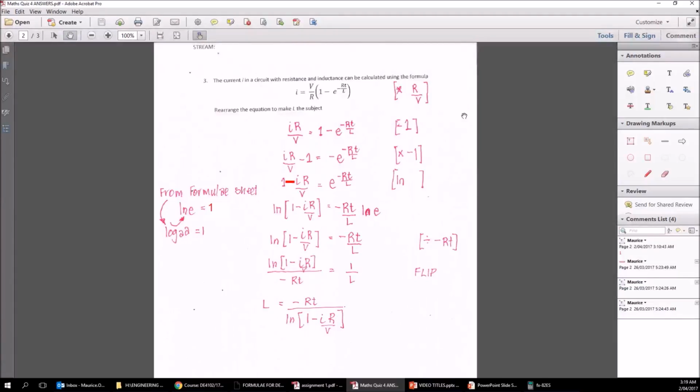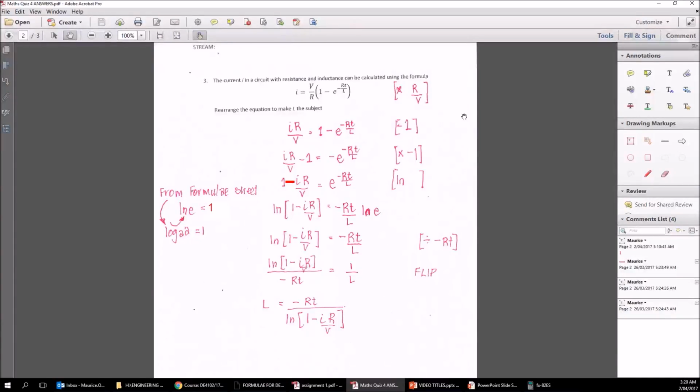So very quickly we get I times R divided by V. We can remove the brackets. That equals 1 minus e to the negative Rt over L. Then the next thing to do is to subtract 1. That gives you IR over V minus 1 equals negative e to the negative Rt over L.